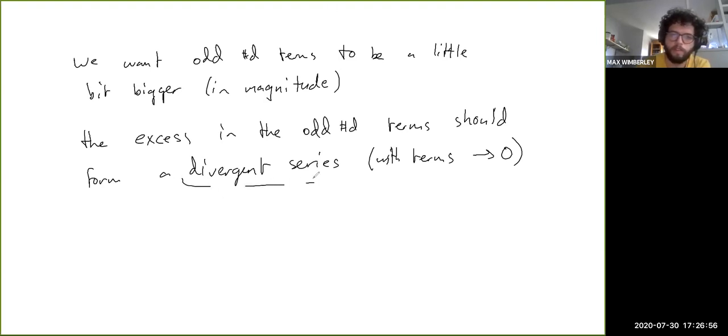The obvious choice of a divergent series whose terms approach 0 is the harmonic series, right?